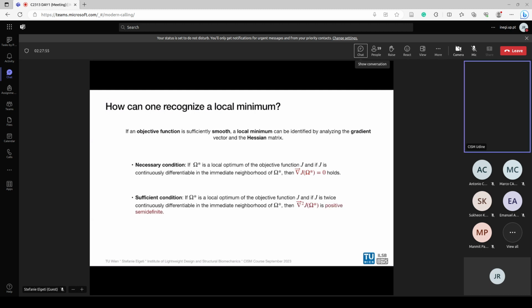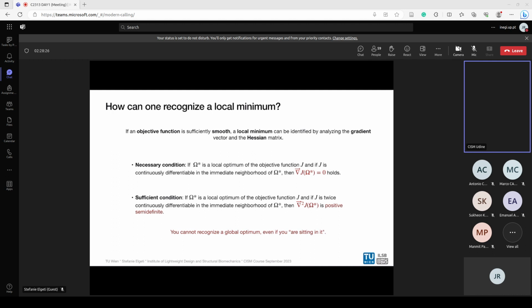Let's talk about some solution strategies. So how can I recognize the local minimum? And now we want to find some strategy how to get there without computing the entire objective function. We only have a certain number of evaluations of the objective function that we can afford. Well, if an objective function is sufficiently smooth, then the local minimum can be identified by analyzing the gradient vector and the Hessian matrix.